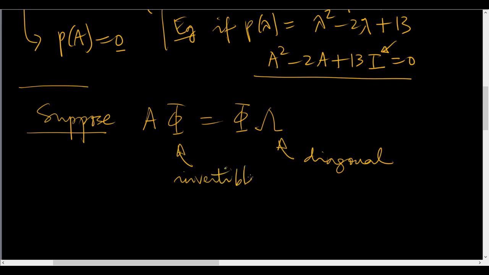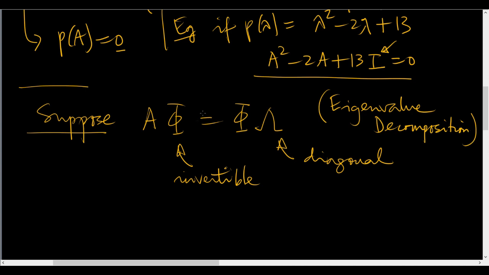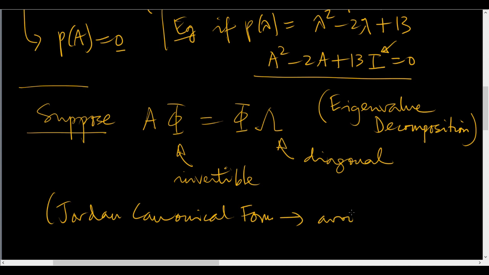This is called the eigenvalue decomposition. It's not always possible. So if A is not symmetric and it has repeated eigenvalues, then I may need something called Jordan canonical form, and I am avoiding that here. Okay, there are good reasons for that.